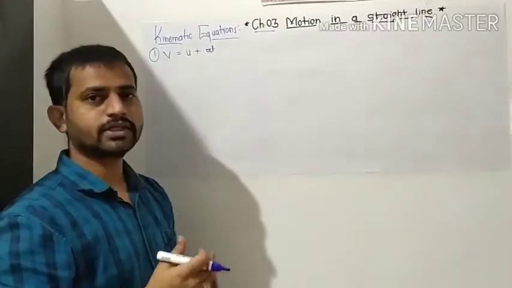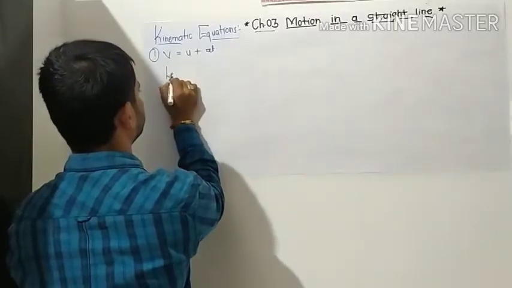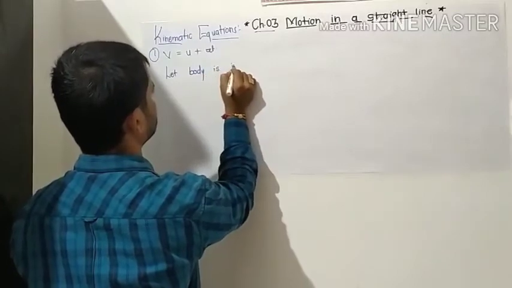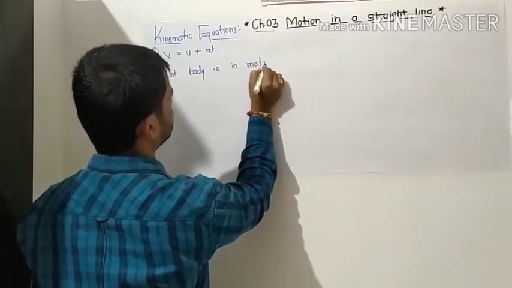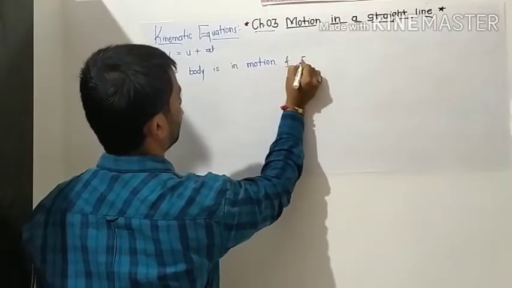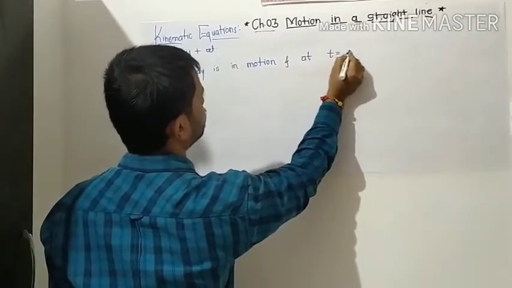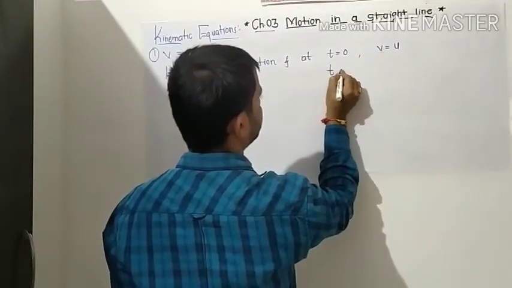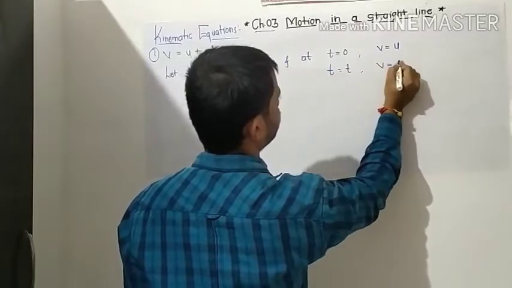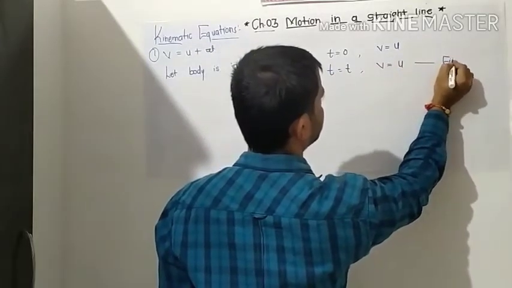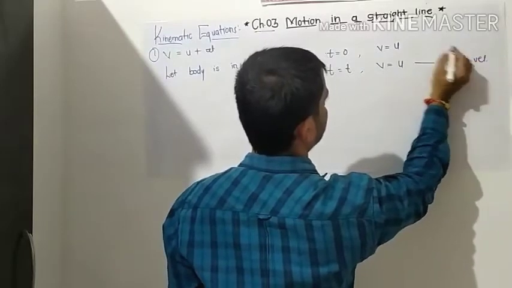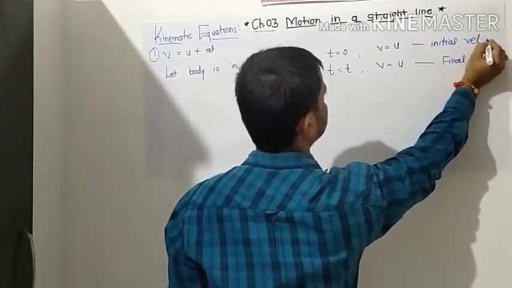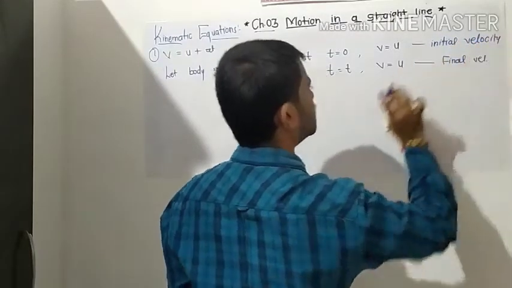For this, let the body be in motion, and at t is equal to 0, v is equal to u; at t is equal to t, v is equal to v. That is, this is the final velocity and this is the initial velocity.